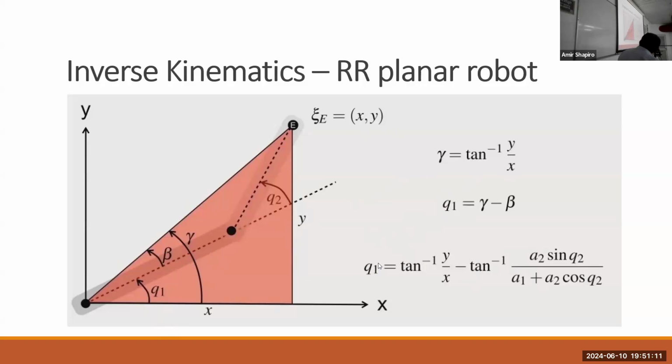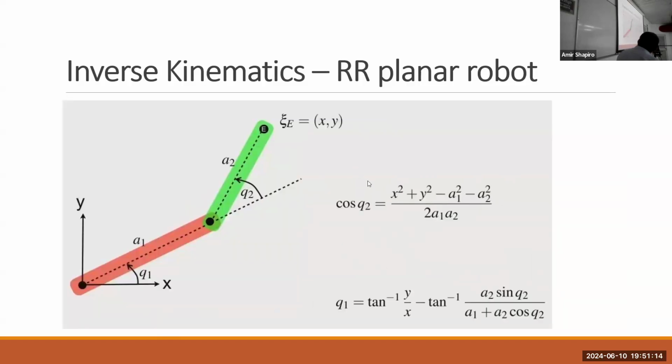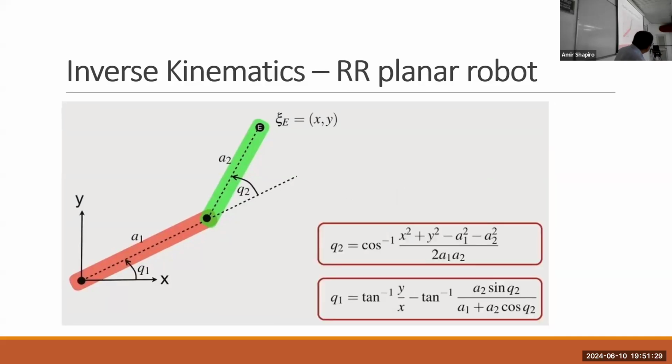And Q2 we found before as cosine Q2 and sine Q2, so we can also do the arctangent for Q2. Yeah. So those are the two equations. And this was the geometry trick that we used in order to find the inverse kinematics. So now that we have x and y, we can find Q2 and Q1, as you can see.